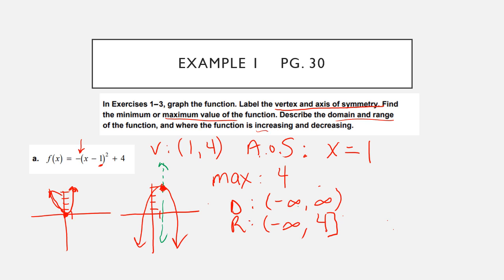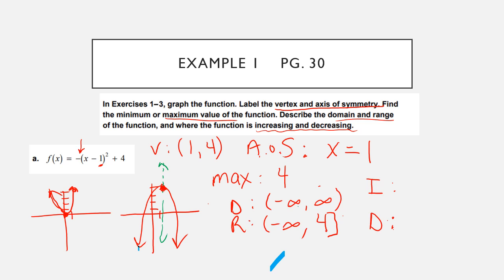What I do want to talk about is increasing and decreasing. We're stopping at the vertex because it's increasing somewhere and decreasing somewhere. I'm going to get a highlighter and show you. We're basically just going to trace the graph.